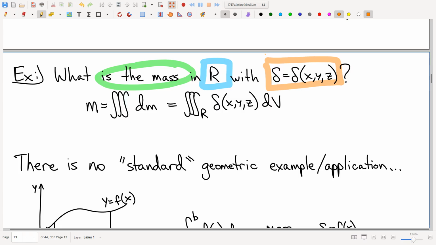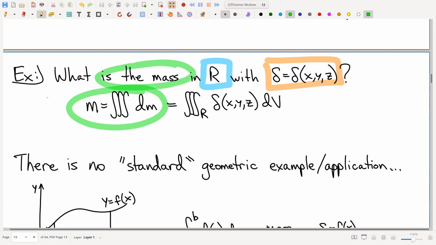So this is now mass per unit volume instead of mass per unit area. Right? How am I going to add up all the little pieces of mass? All right, well, the first observation, mass is an accumulating quantity. The whole is the sum of the parts. Chop it up, add it up. Is that cool? Everybody happy with that?